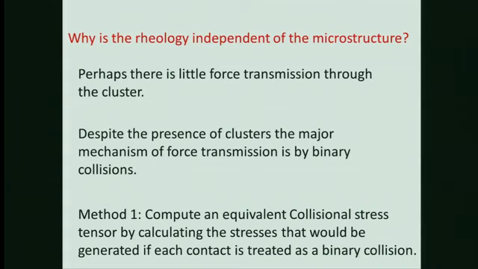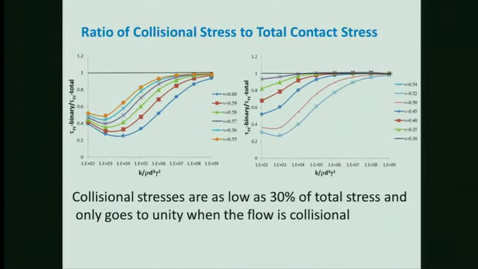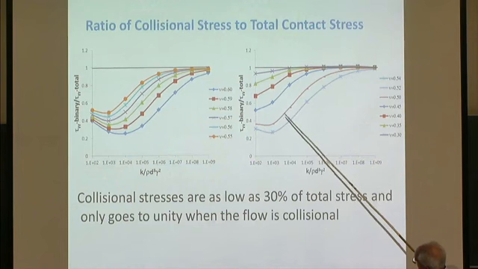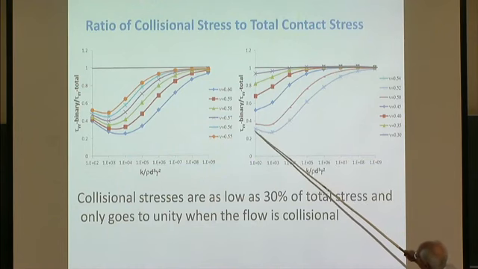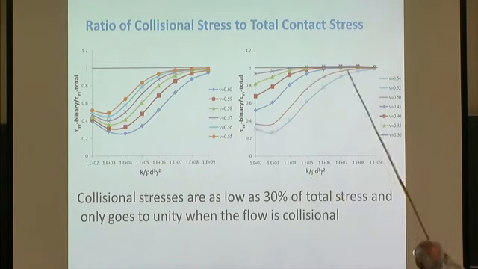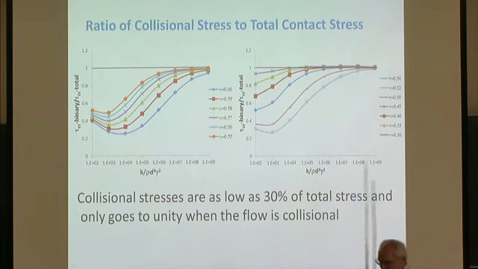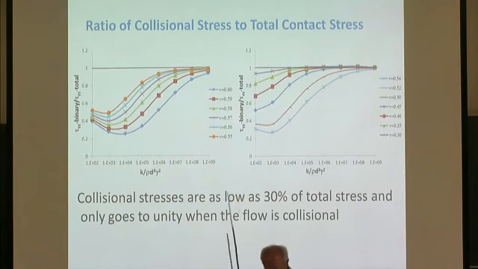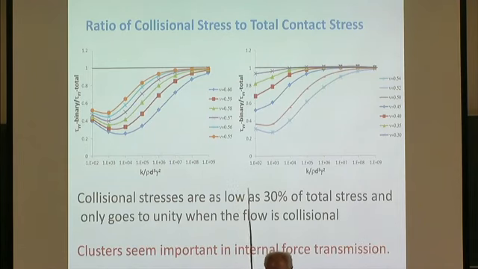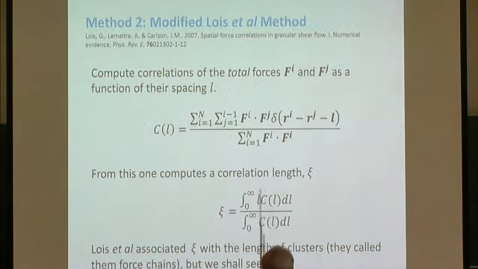And the question is, would that be anything close to the actual stresses in the system? And of course the answer is no, until you get to collisional behavior. Way back here in the infinite cluster system, the binary stress can be as low as 30% of the overall contact stress. Okay, so they do seem to be important.